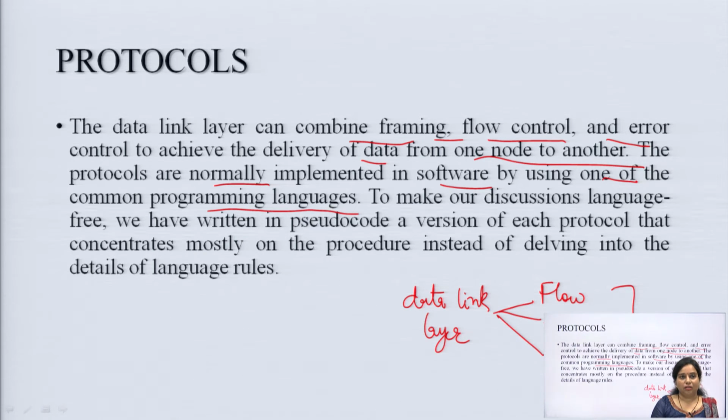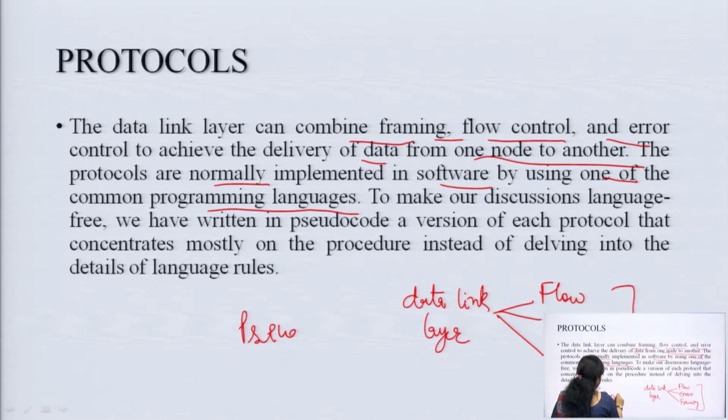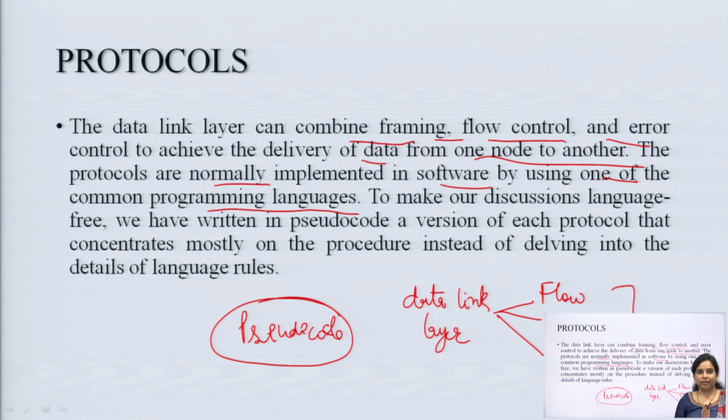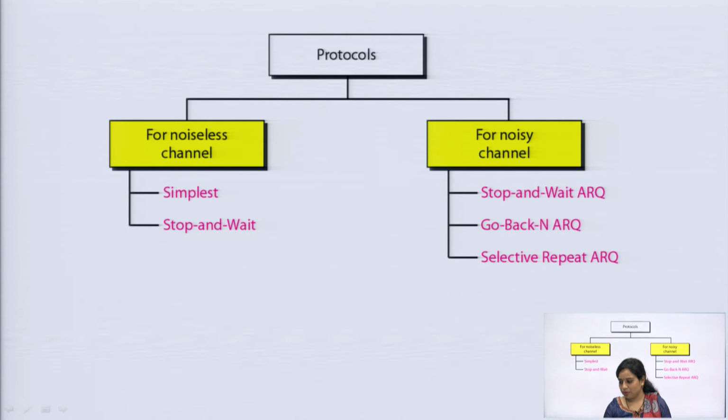So, a very basic example we are considering is a pseudo code, which is not language specific. It is only agreed upon by the transmitter and the receiver, meaning any user can use this pseudo code for transmission and reception purposes.